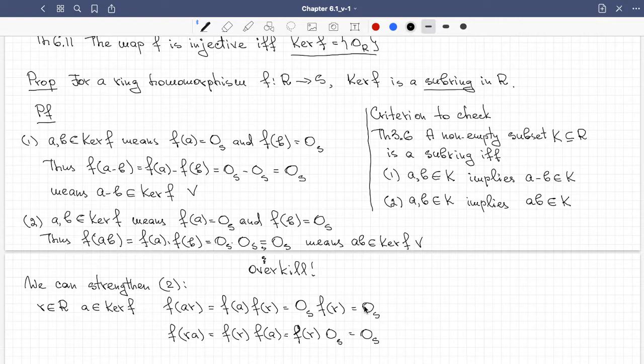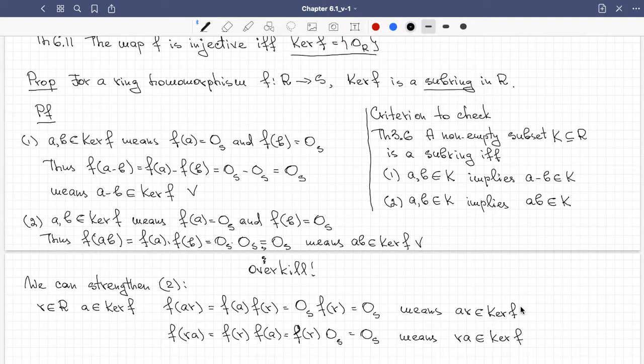AR maps to 0, so AR belongs to the kernel, and that means RA also belongs to the kernel.